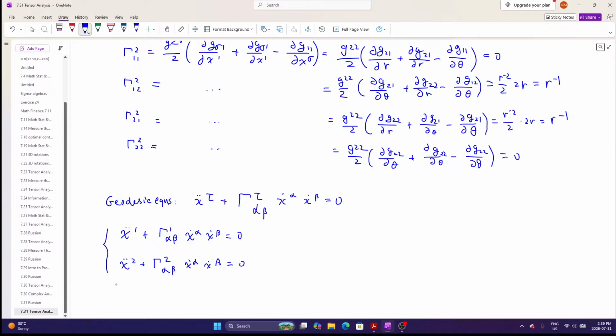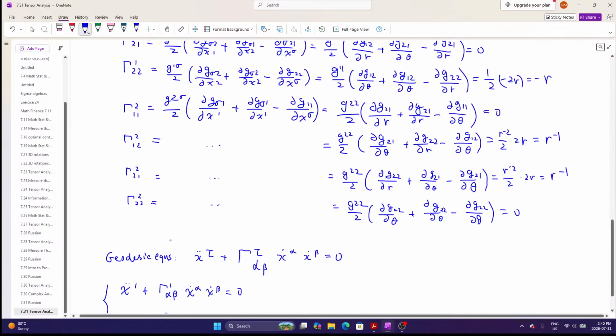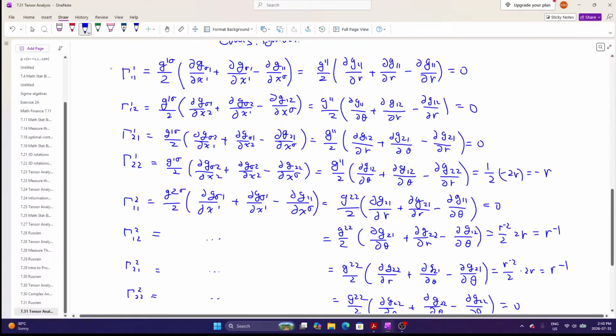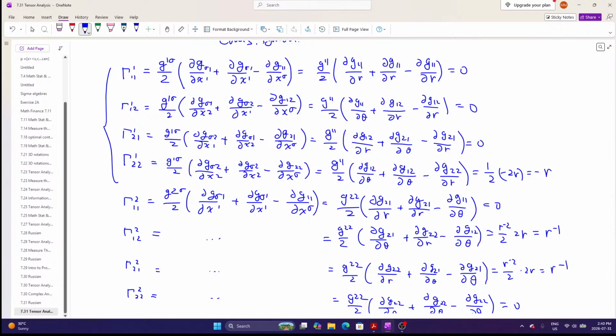Okay, so those are the 2. So because the first equation, the upper index is just 1, so the summation only involves the first 2 terms. Okay, and the only term that's non-zero is just the last one, big gamma 1 to 2.